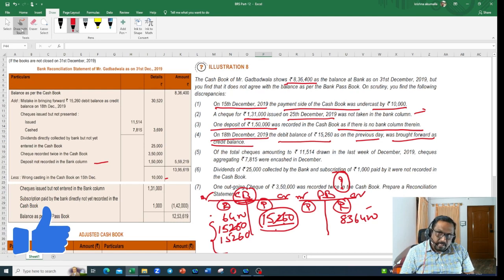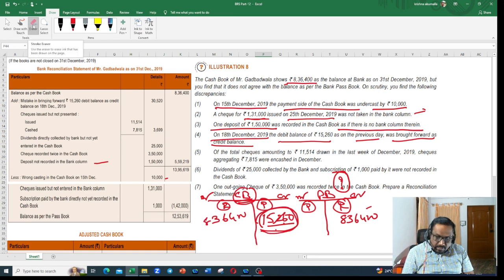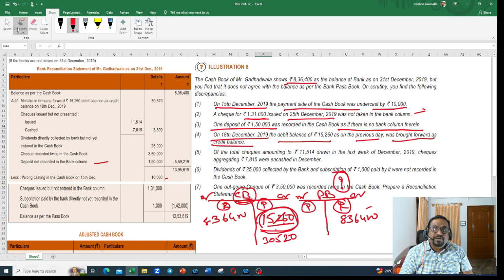Am I making the right point here? So to the extent of 30,520 impacted in the cash book, the balance got reduced to that extent.